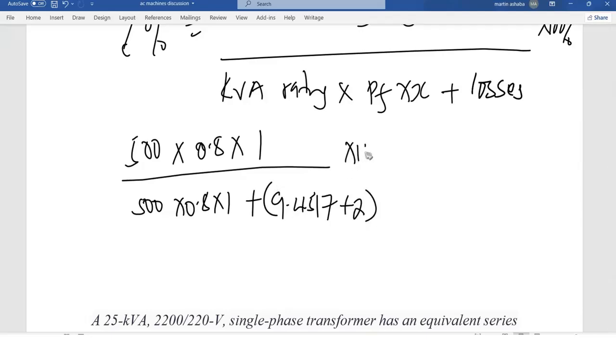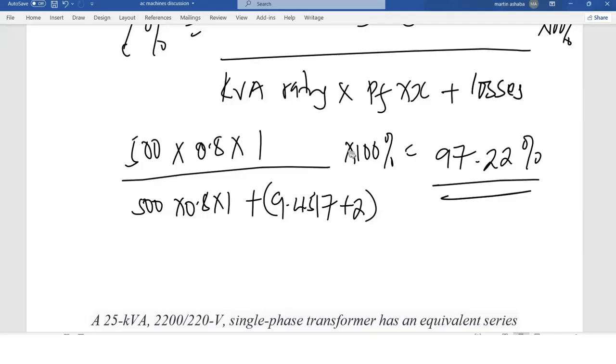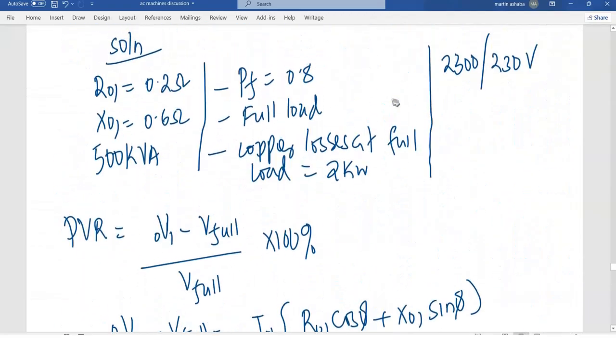Times 100, and this gives us 97.222%. So that's how we can do this problem.